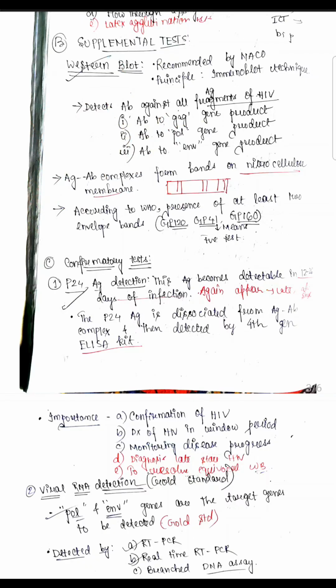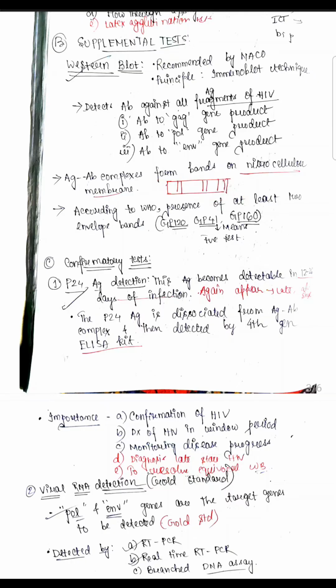Next, what happens is antigen antibody complexes form bands on the nitrocellulose membrane. Now it's the same process of immunoblotting, where a nitrocellulose paper is used. See, I have drawn here a nitrocellulose paper, and the antigens are present on the nitrocellulose paper, and this paper detects the antibodies against them.